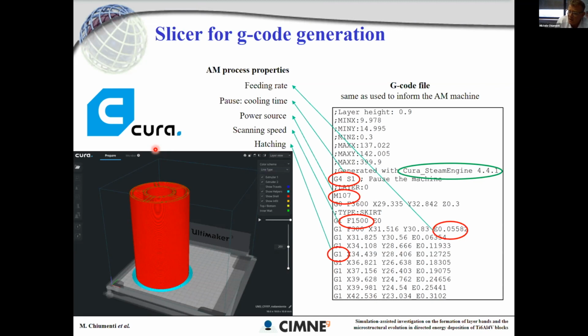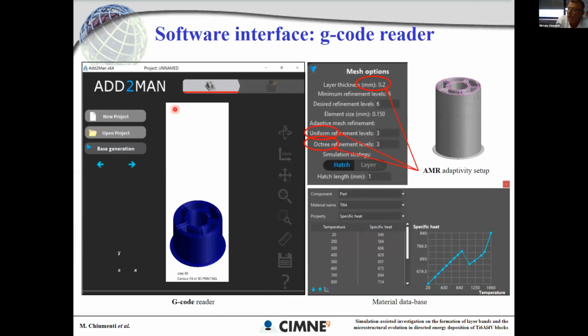So in the same file, you can find all the information which is used to feed the machine. And we are using exactly the same information for the simulation.